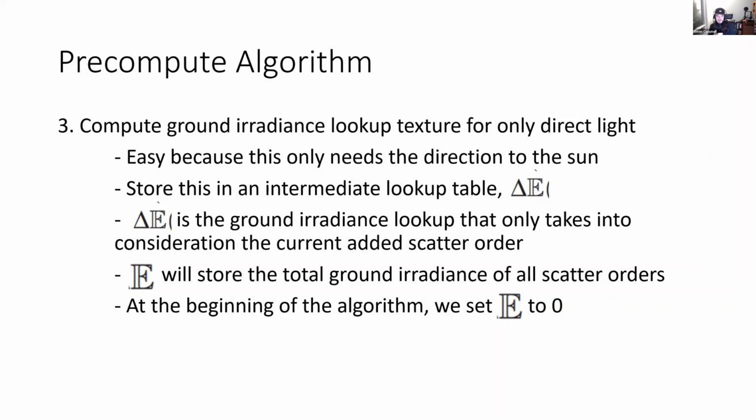If you previously calculated the direct lighting and now you're doing the single scattering, this delta E will be just the single scattering part, not the direct lighting as well. Then we'll sum it up over time into the actual E table, which is the real value for every scattering.